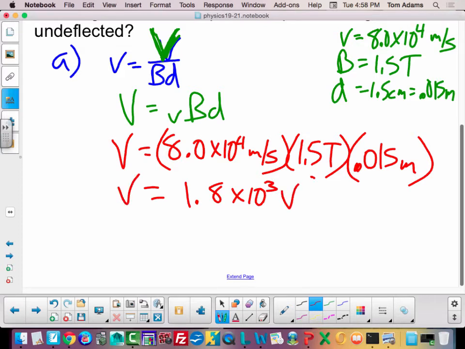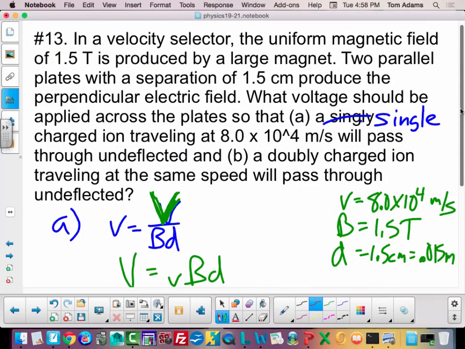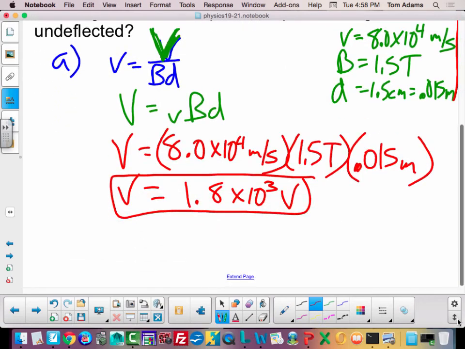So that's the answer for part A. And I'm going to recap that because even as I read it, I had to think about it. It says what voltage should be applied across the plates so that a singly charged ion traveling at 8.0 times 10 to the 4th meters per second will pass through undeflected. And the answer to that is 1.8 times 10 to the 3 volts.